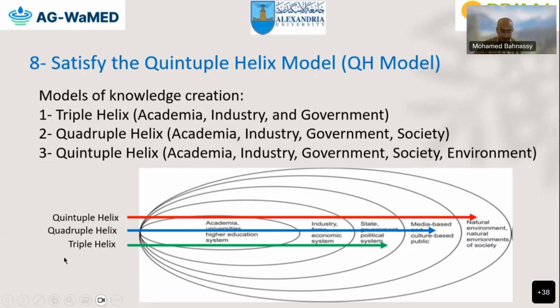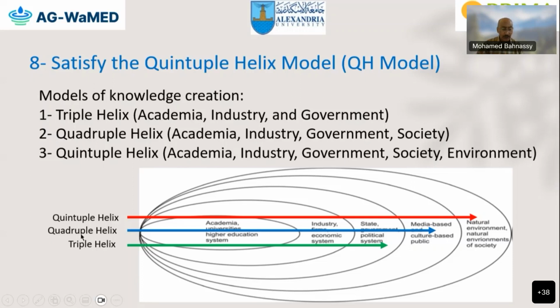And actually, I am explaining the development of the QH model because it started with the triple helix, only three different types of stakeholders belonging to academia, industry, and government.